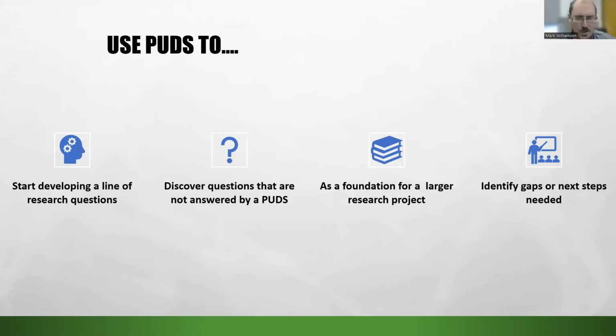Yeah, sure. So these questions aren't mutually exclusive. They often build off of each other. I think that the big thing with public use data sets is that while they might not be able to answer really specific causal questions, they help get the ball rolling. One thing, for example, is to discover questions or start developing research questions.